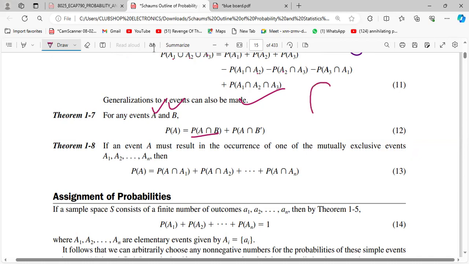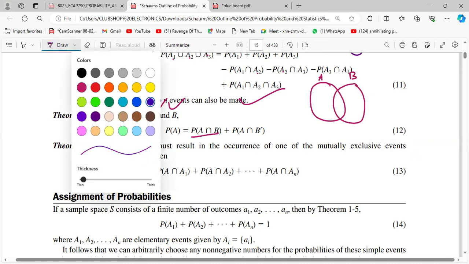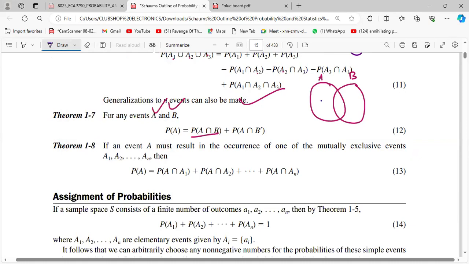Look, if we have this, if this heading represents B complement intersection A or A intersection B, all right?